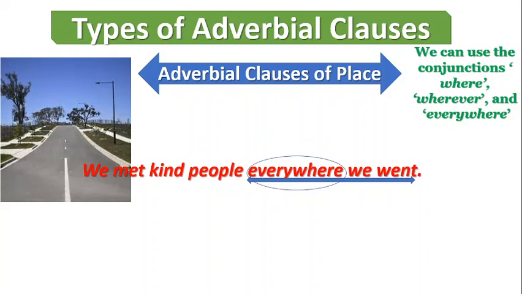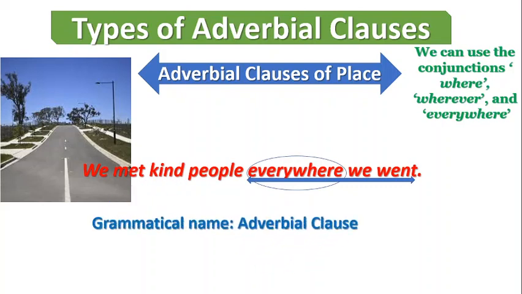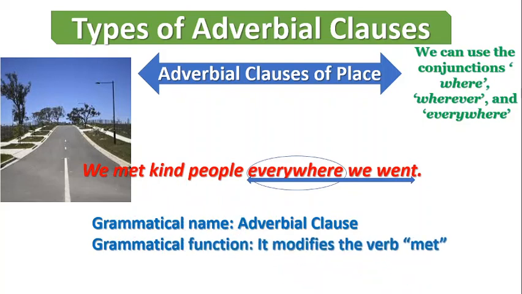You will ask yourself, where did we meet kind people? So once we have spotted the place, we know it's a place we are talking about. Its grammatical name is adverbial clause. And for the fact that we are able to identify that a place is answering where, you know it is an adverbial clause that is modifying the verb met.